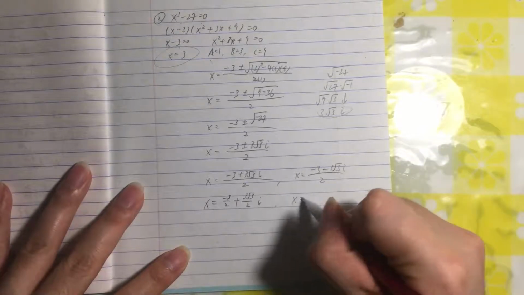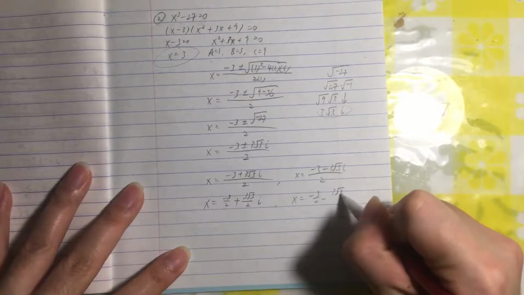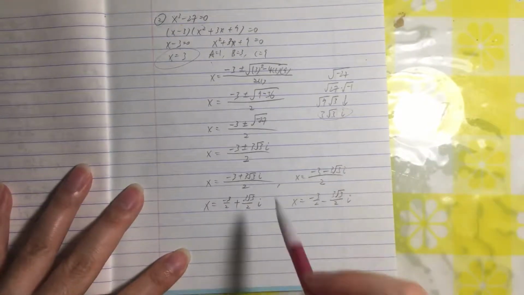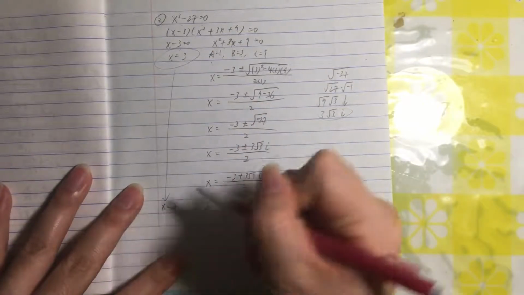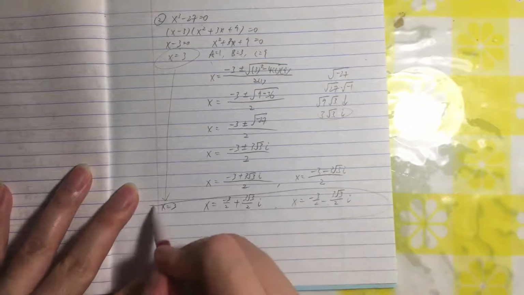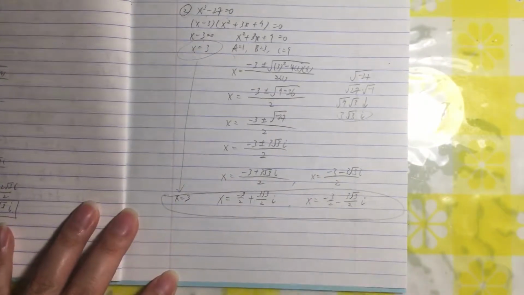For the other solution, write it as negative 3 over 2 minus 3 square root of 3 over 2 times i. And together we have this solution, x equal to negative 3, and these two solutions together. We have a total of 3 solutions. In general, for a third degree equation, we have 3 solutions. Those are the 3 solutions to this equation.